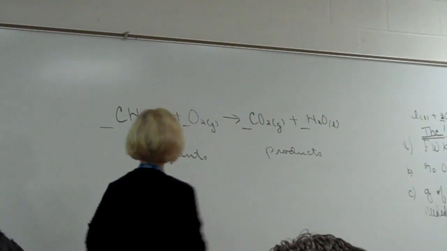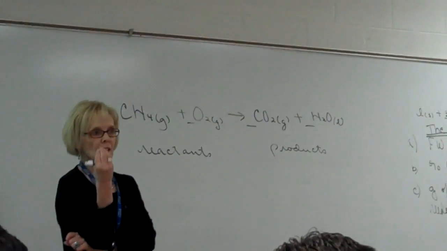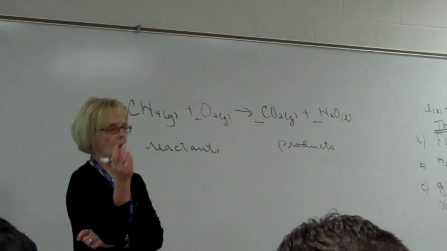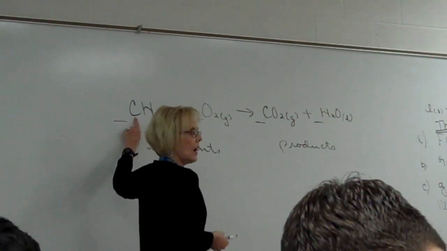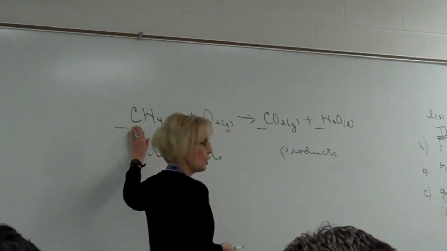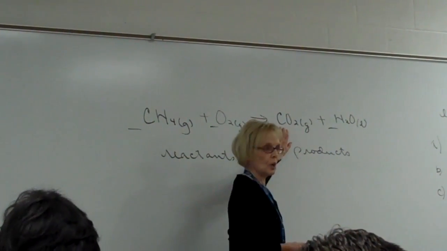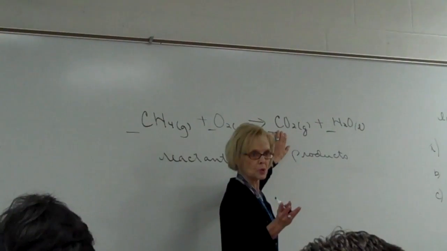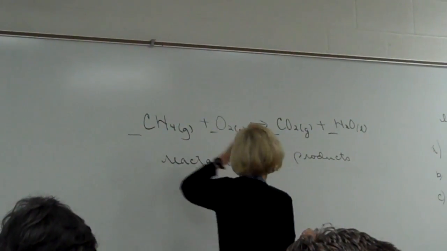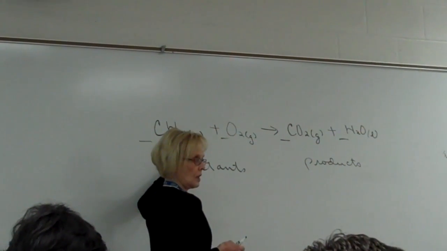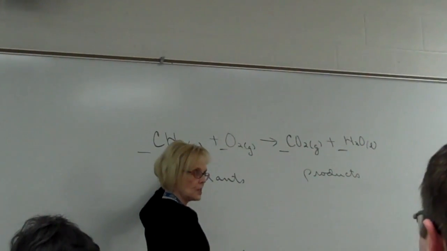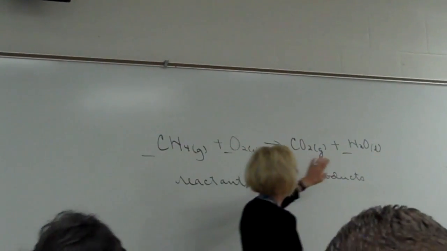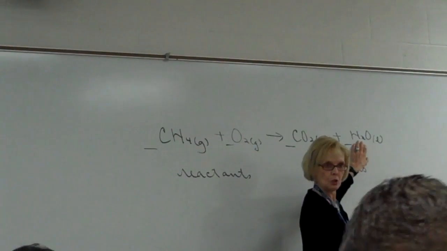Okay, so I look at this, and what I do is I look for a trouble spot. Okay, now, I'm just glancing through it. I see one carbon over here, and I see one carbon over there. That is not a trouble spot right now. Okay, if I look at the hydrogens, I say, well, I have 4 hydrogens now here, but I come over here and I only have 2.